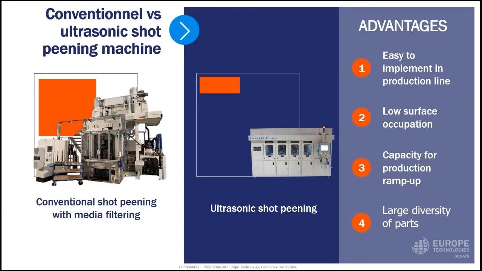Each workstation can accept a large diversity of parts within a range of specific toolings and can produce a total of 125,000 parts per year, according to the part geometry and the customer requirements.